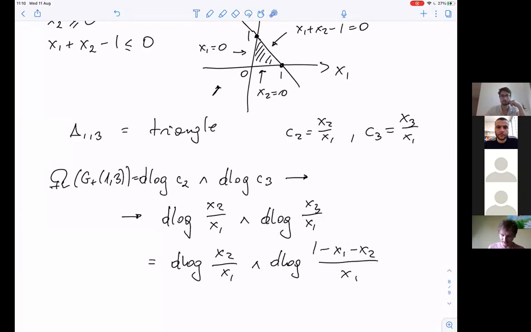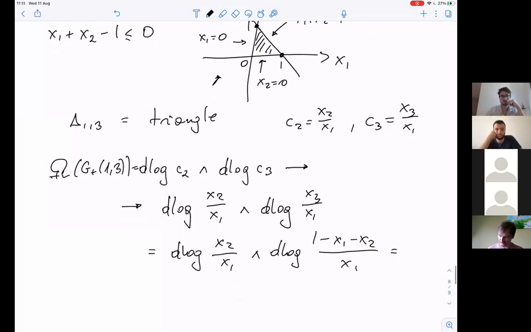You can notice immediately that this is the canonical differential form of this triangle here. So this is just the omega of delta 1,3.